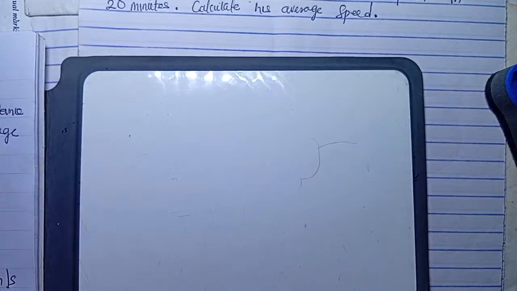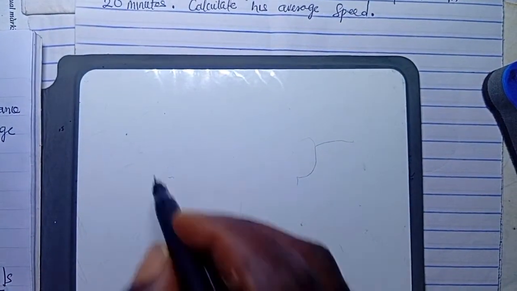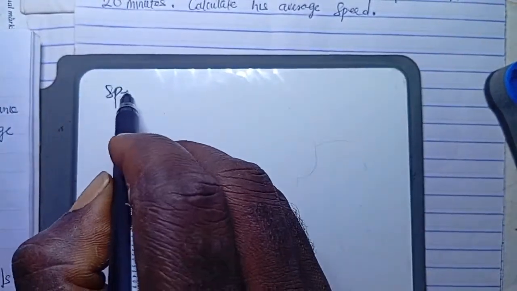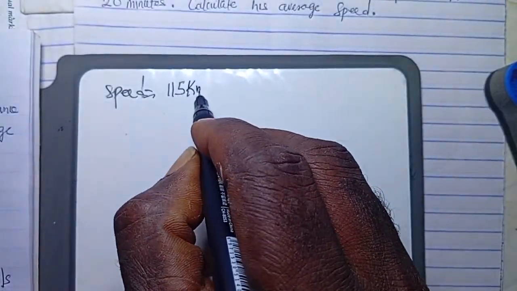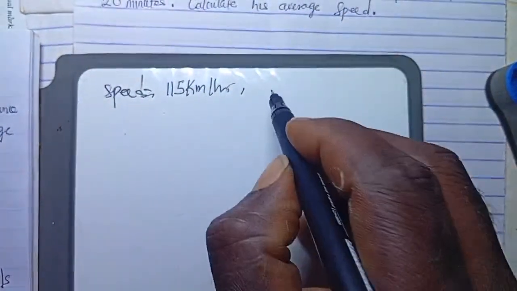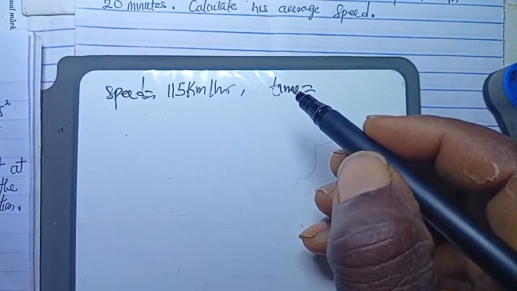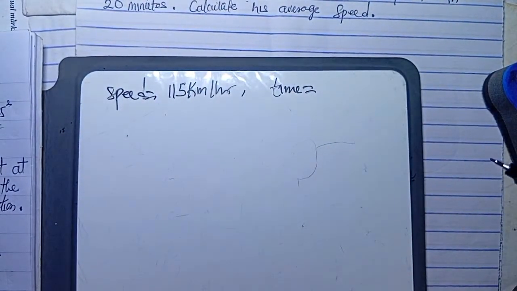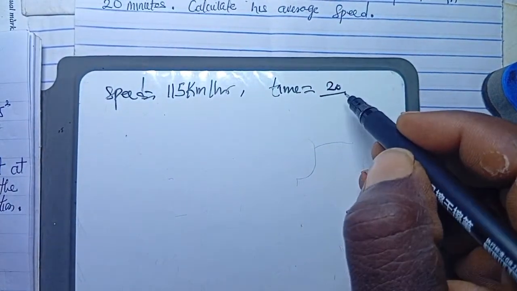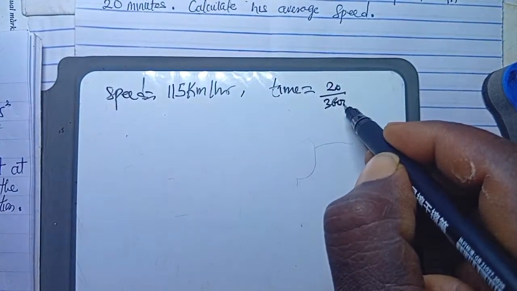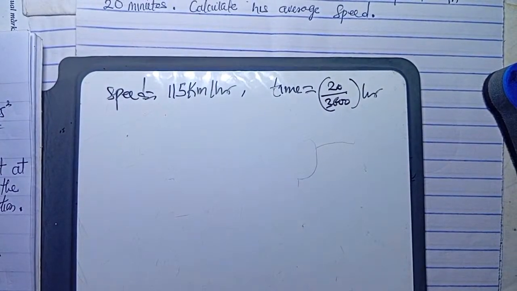So our speed given is 115 kilometers per hour. The time given, we have converted to 20 over 3,600 hour. That is the time, and we need distance.